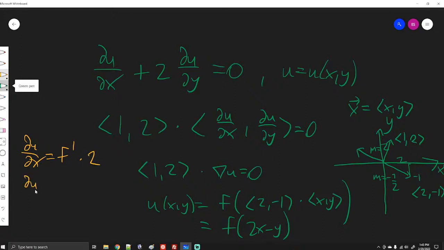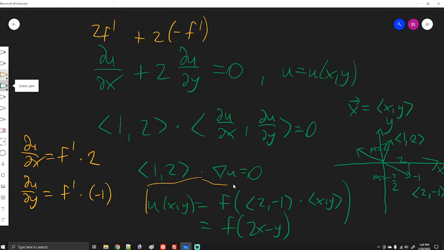And now partial of u partial of y, this is f prime times the derivative of what's inside with respect to y, so it's going to be -1. And now if I plug in these two formulas into the PDE, I get 2f prime for the first term, and then plus 2 times -f prime. And yeah, 2f prime minus 2f prime is 0, so this here is the general solution.